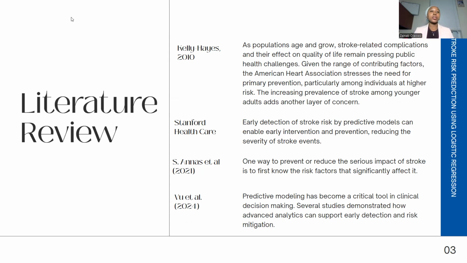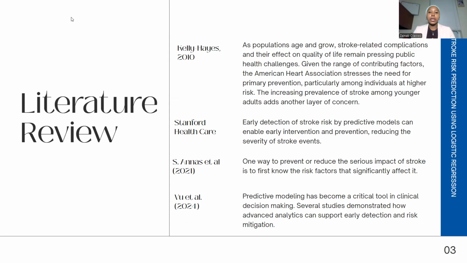There's also an increasing prevalence of stroke among younger adults, which adds another layer of concern, which means that a lot of younger people are now at risk of stroke, which is quite scary and will probably increase the number of deaths that the country is seeing from stroke cases. WHO, I think, also mentioned that stroke is the third cause of death in the world right now.